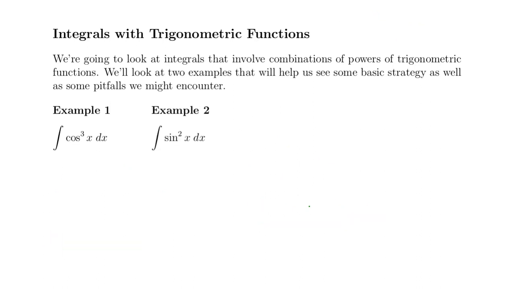For this example, we're going to notice it does not work out well. Notice that if we try and use a Pythagorean identity to convert things back and forth between sines and cosines, we're going to be able to convert this to a 1 minus cosine squared of x function. But that doesn't really help us with a u substitution because we need a single copy of either sine or cosine floating around.